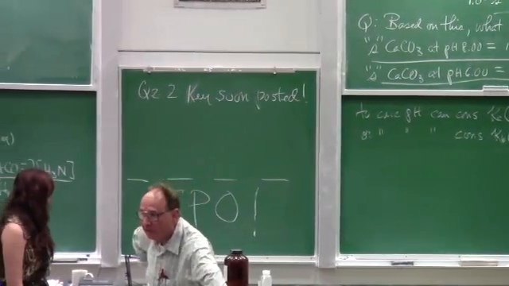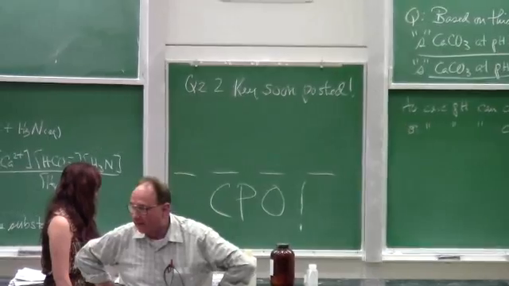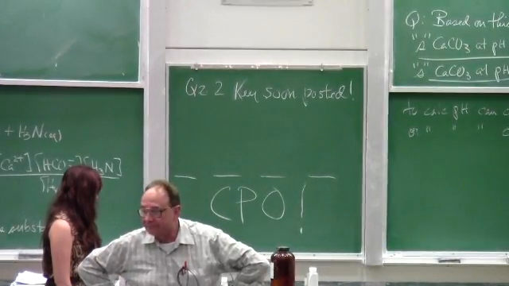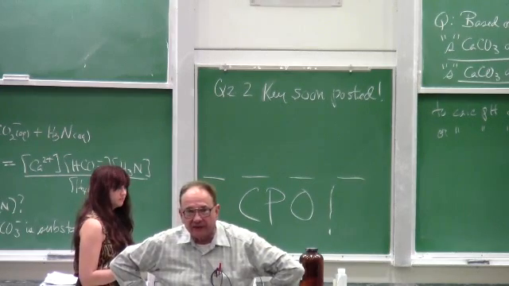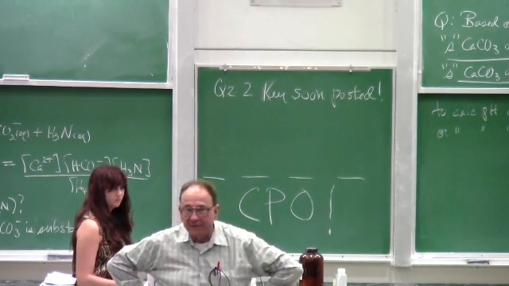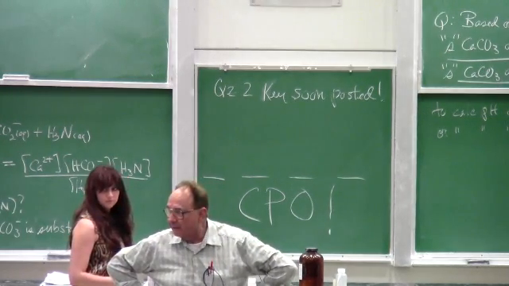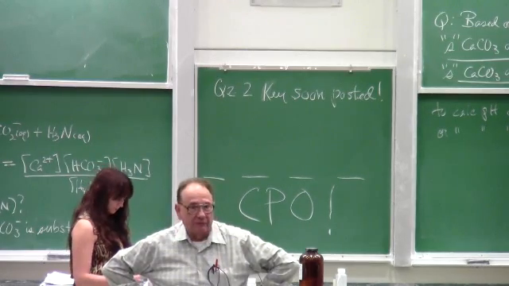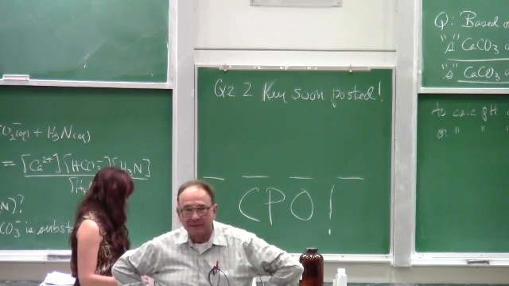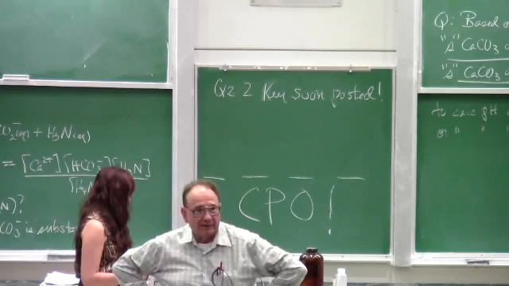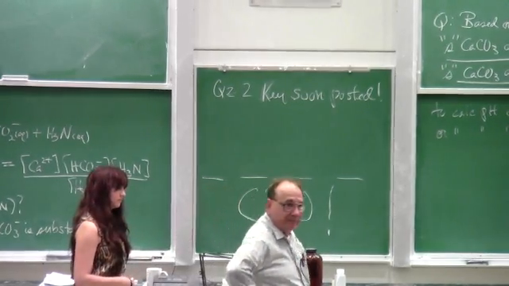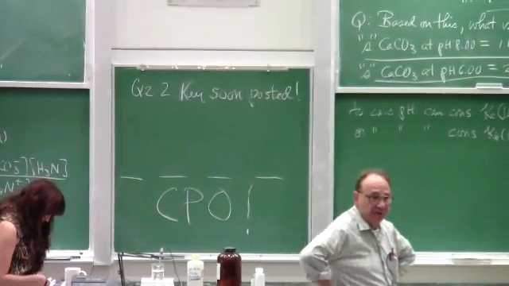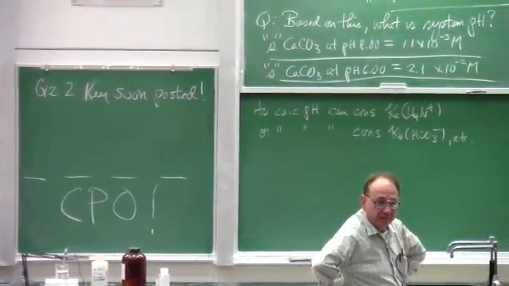Square root of 5.6 times 10 to the minus 10, roughly something times 10 to the minus 5. Give me a gee whiz on the something. 2.2. 2.2, a little bigger. 2.5, a little smaller. That's all right, you're in the ball game. I get 2.36 to 3 sig figs, so I'll take 2.4.